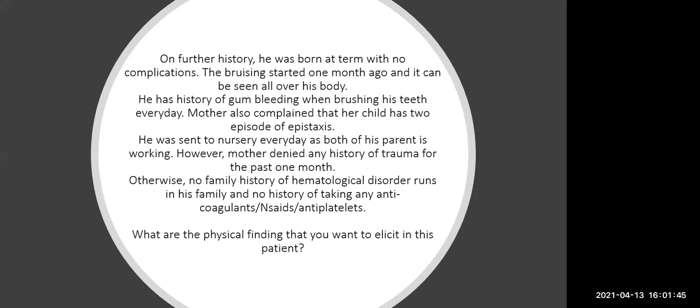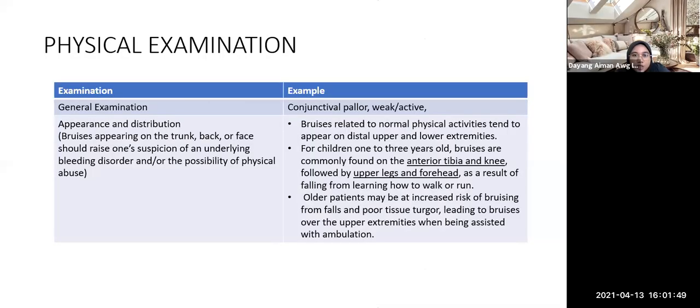Okay, thank you, Olivia. So in this patient, as mentioned, in the examination we look at whether this patient is a weak or active child. And then the appearance and distribution of the bruises, from which we can differentiate whether they are physical abuse bruises or due to a hematological cause.